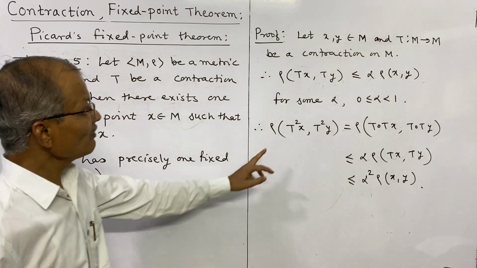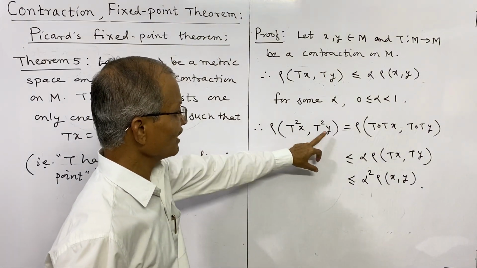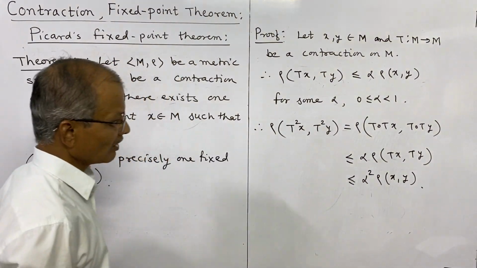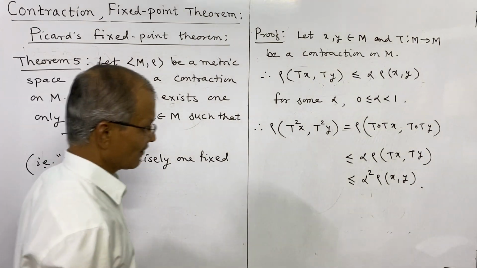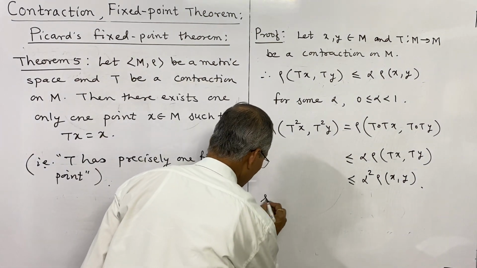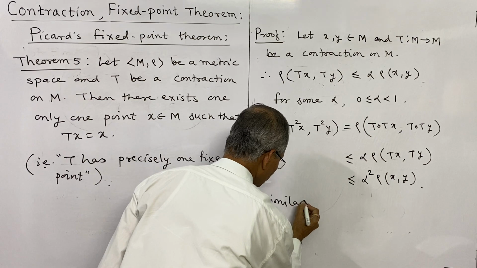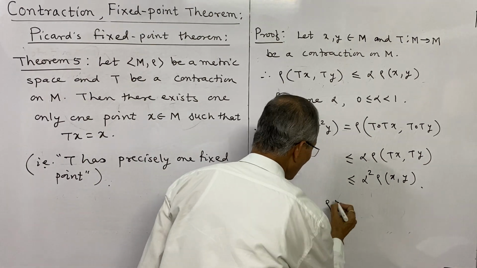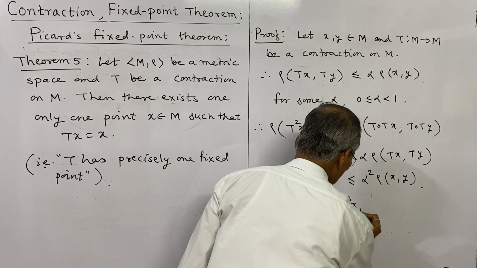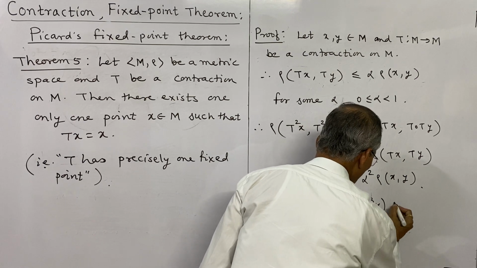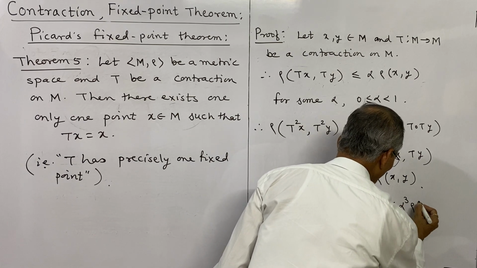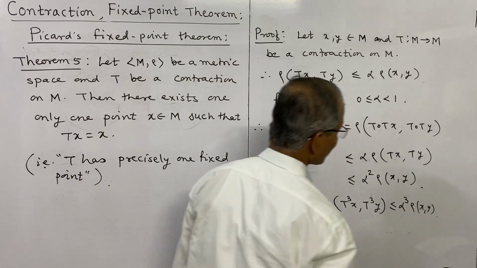And thus we have rho of T square x and T square y is less than or equal to alpha square rho of x and y. Similarly, rho of T cube x and T cube y will be less than or equal to alpha cube rho of x and y.